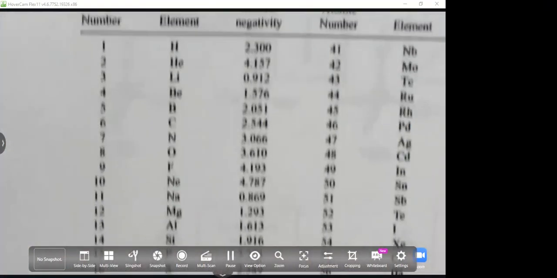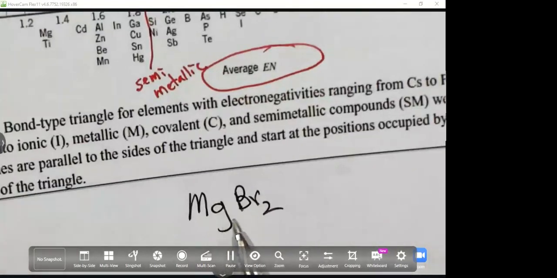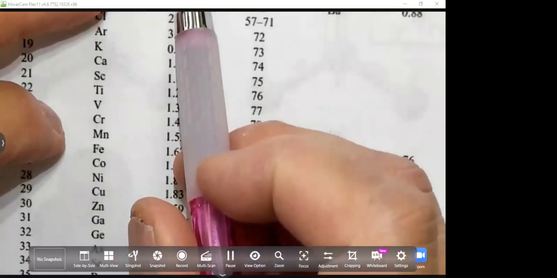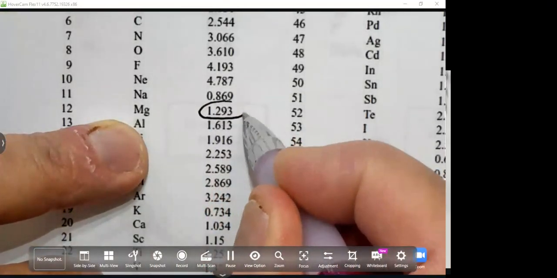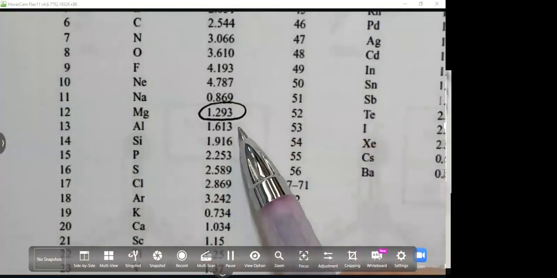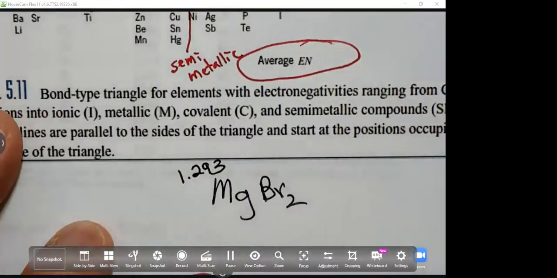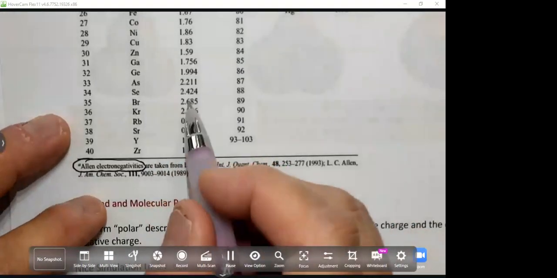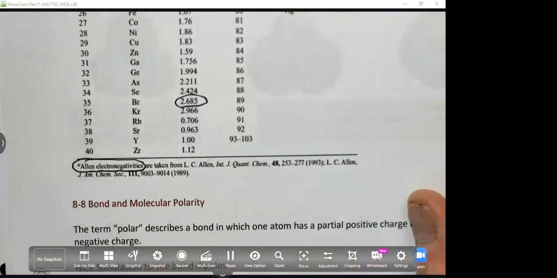We have an electronegativity table. Let's find magnesium on there. So magnesium on our table is right here. So the electronegativity is 1.293, and bromine is 2.685.